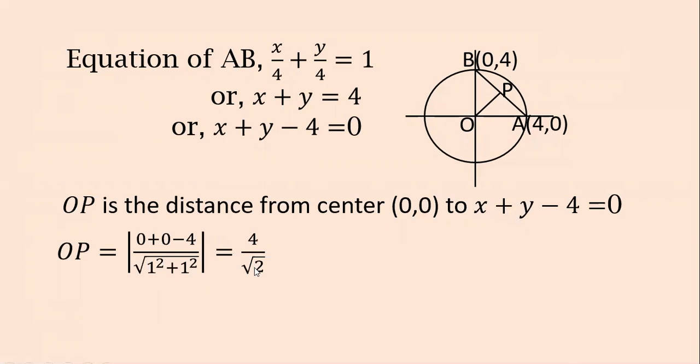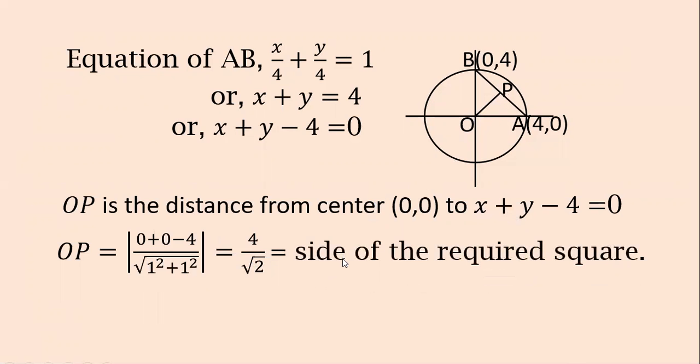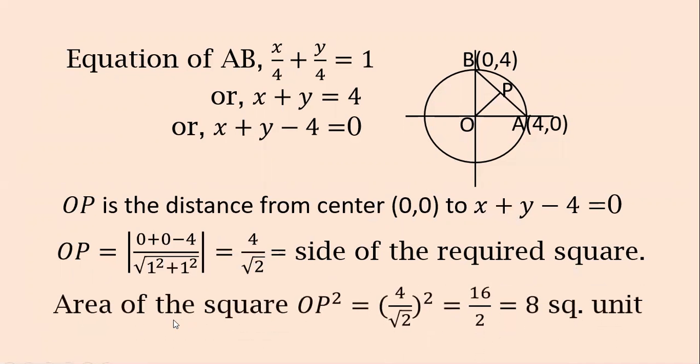So this is 2 root 2. So this is OP. So what is OP square? The area. This OP is the side of the required square. Then area of the square OP square is equal to this 8 square unit. So any process we can follow.